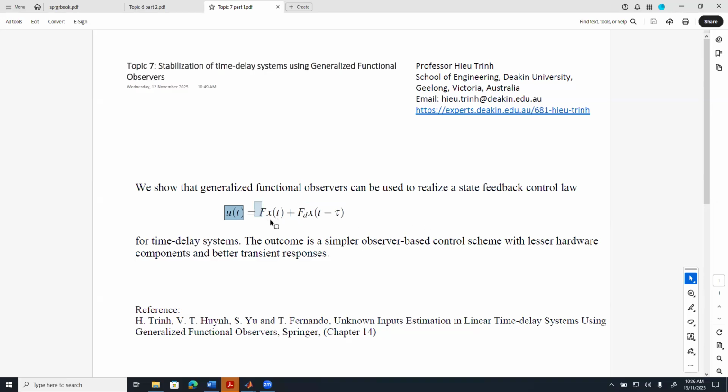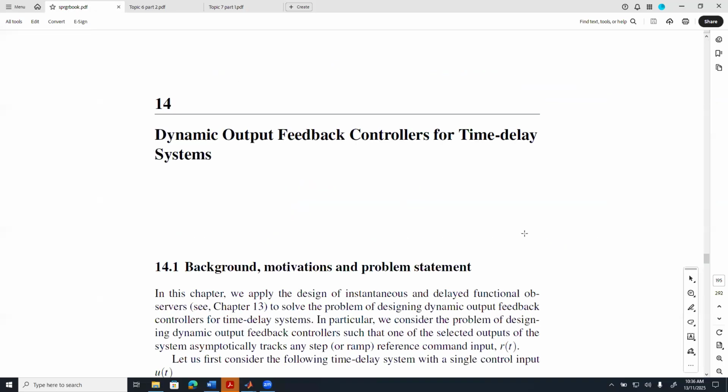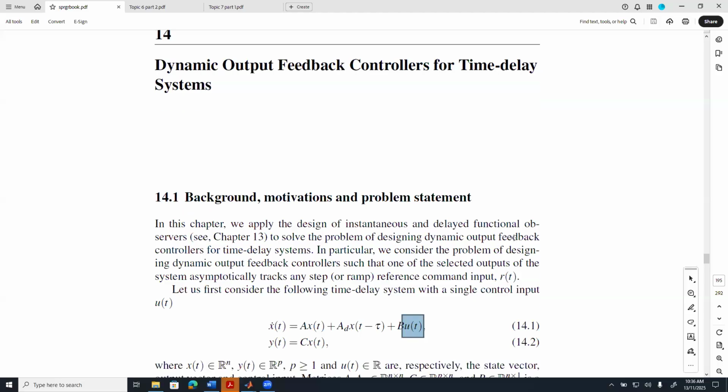Or we can estimate this functional first, and then this functional, and then delay it, or something along those lines. But these options will not give us a simple observer-based control scheme compared to directly estimating this control law using a generalized functional observer. The discussion here is directly based on this chapter, which is an application.